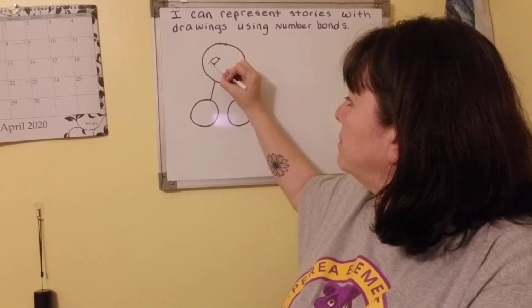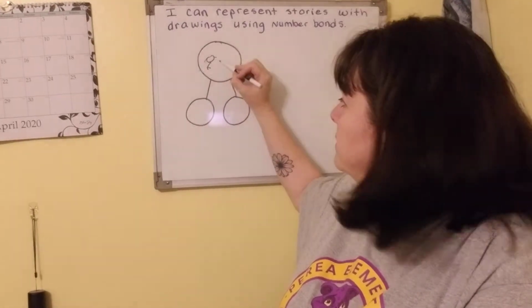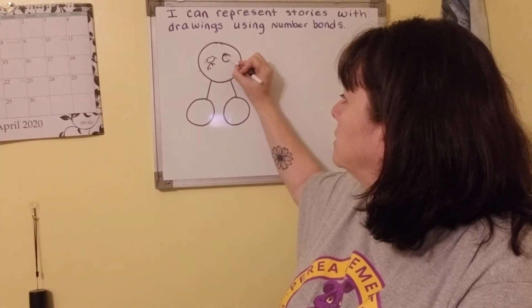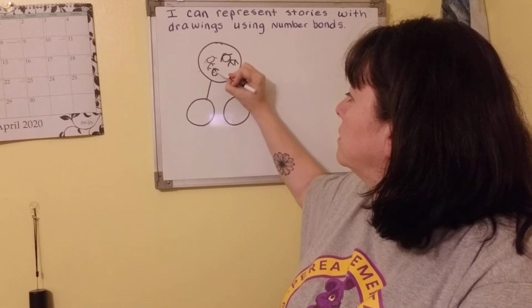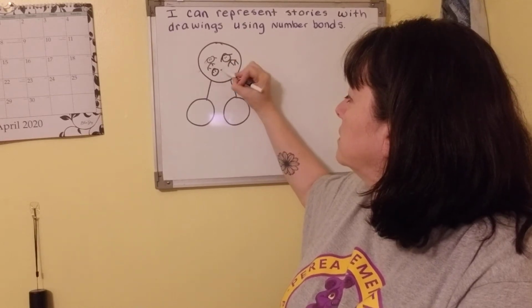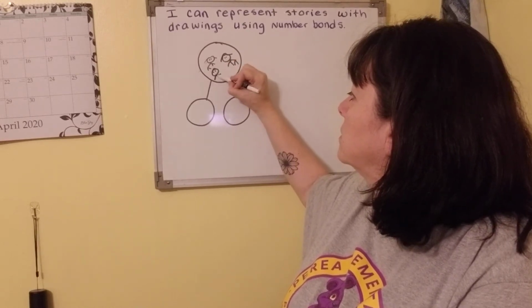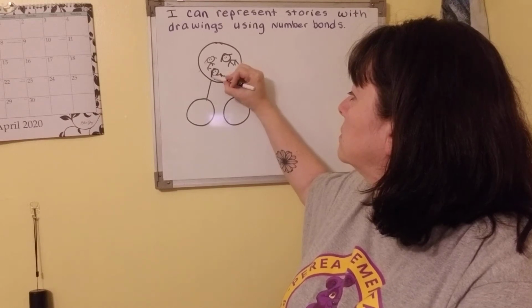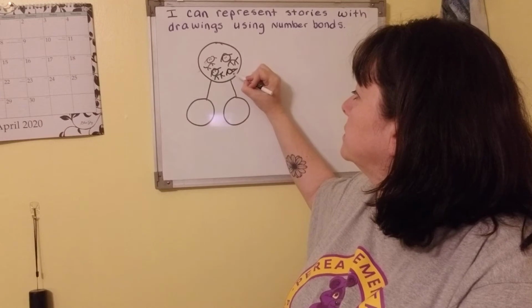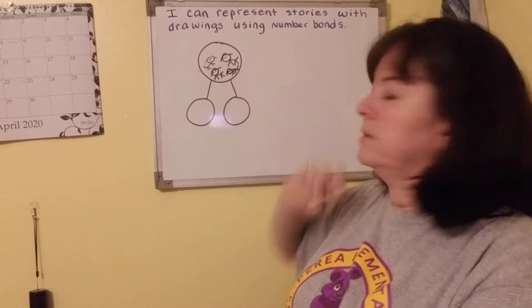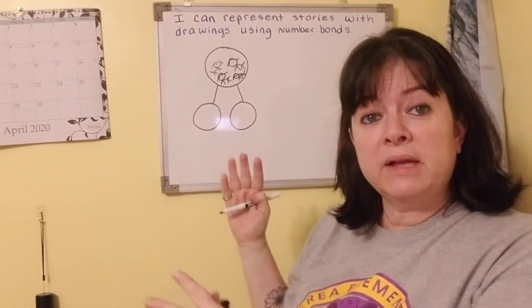Well, they're not great, but they're dogs. 1, 2, sorry, they don't have faces. 4 tails, and 4. Okay, so 4 dogs. Now we're going to break those into 2.